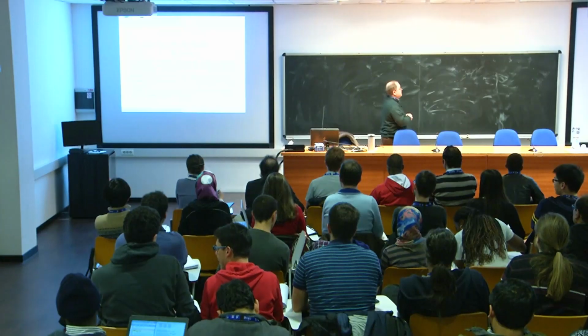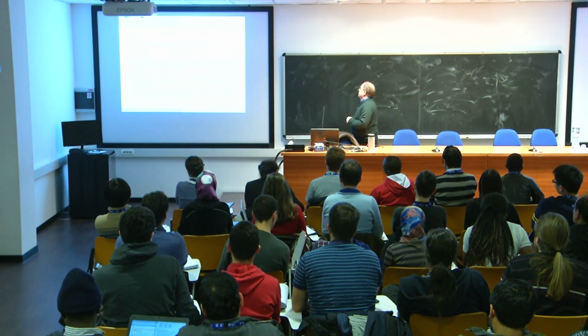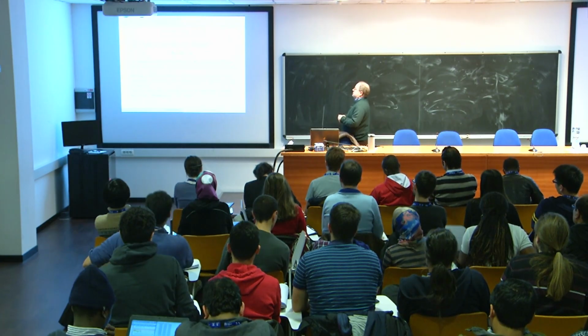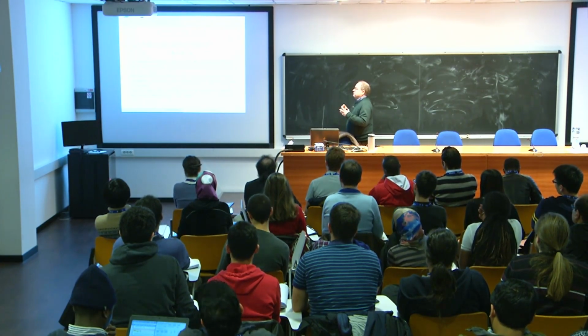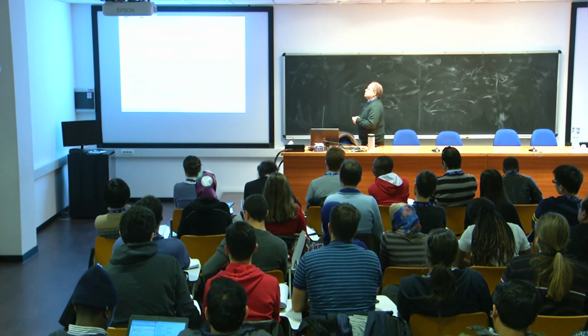So let's start with the definition of a solid. I think you have already seen this part several times. What we want to study are the small vibrations of the atoms about their equilibrium position.